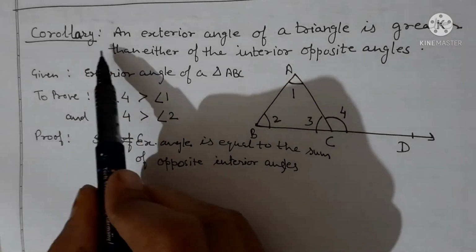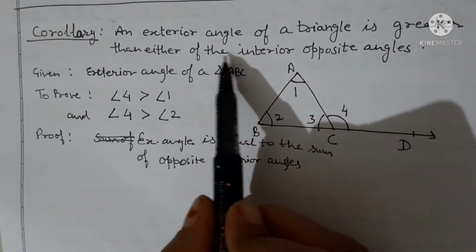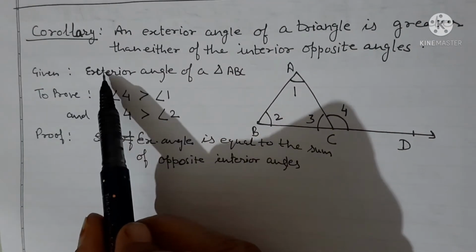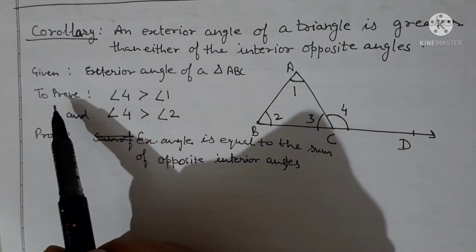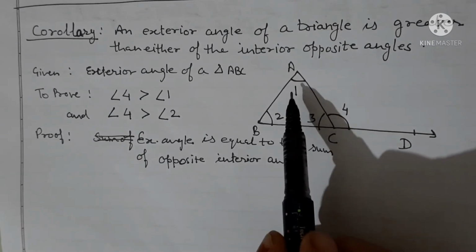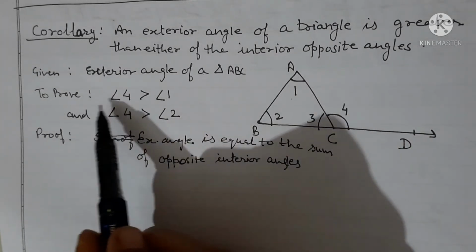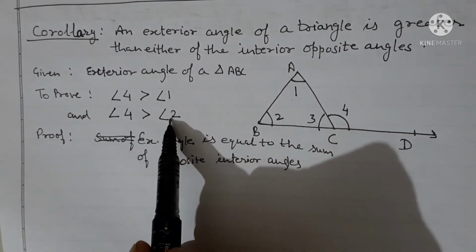Now this is the corollary. An exterior angle of a triangle is greater than either of the interior opposite angles. So here given exterior angle of a triangle ABC, and to prove this exterior angle is greater than each opposite interior angle. So you can show it: angle 4 is greater than angle 1, angle 4 is greater than angle 2.